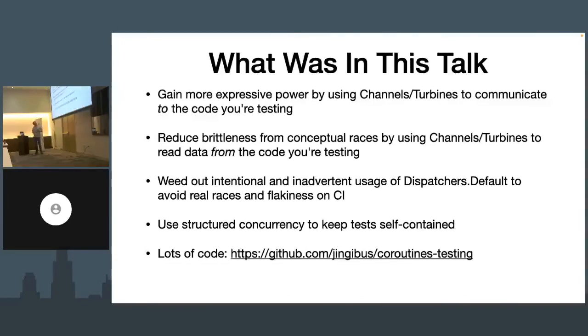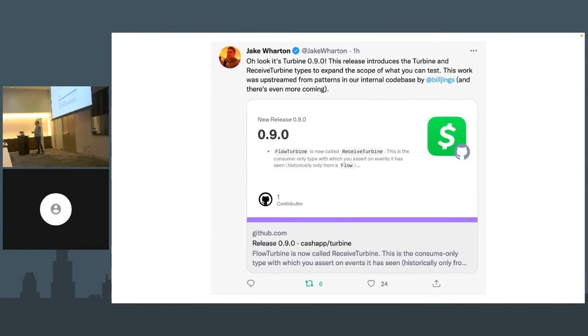There is all the code that I was using to hash out all the things I wanted to say here, and I illustrated the talk. You can find it in this GitHub repo if you're interested in browsing it after the talk. And then as far as finding Turbine, if you look at that repo, you'll find that I've copied and pasted a lot of stuff in there. That's because this stuff was just released.